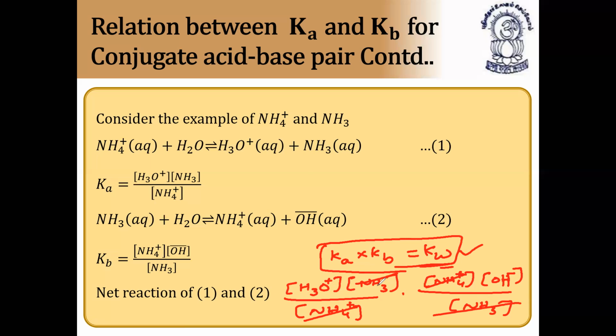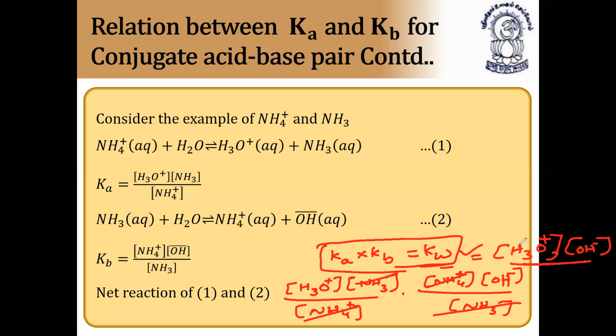So the concentration of ammonia gets cancelled, the concentration of ammonium ion also gets cancelled. Only left over is concentration of H3O plus, which is also called H plus. H plus and H3O plus are almost similar, into OH minus. That is nothing but the ionic product of water, because Kw is equal to concentration of H3O plus into concentration of OH minus.